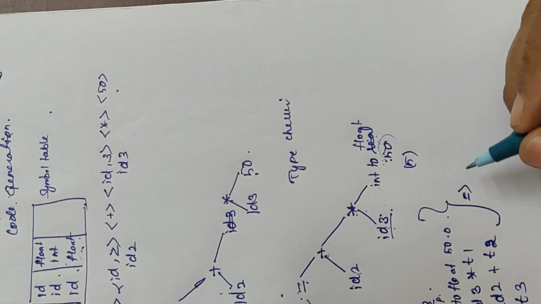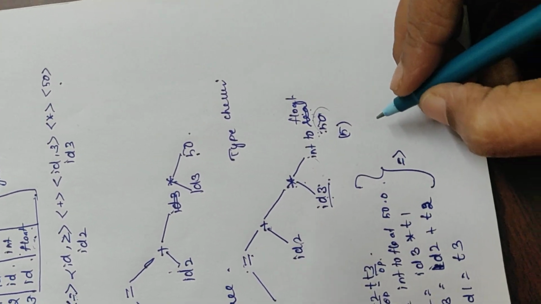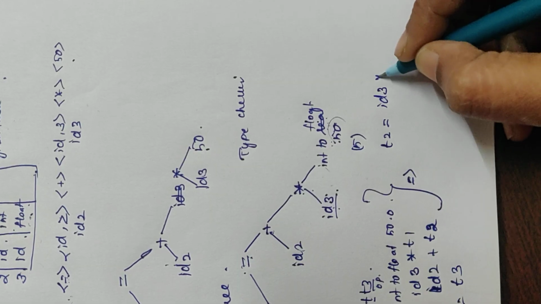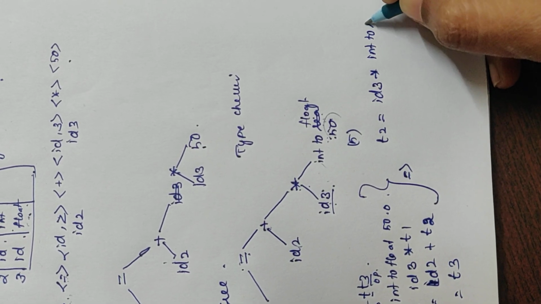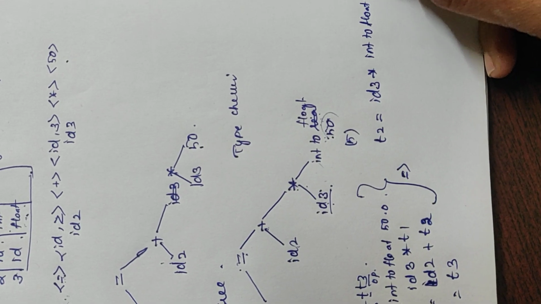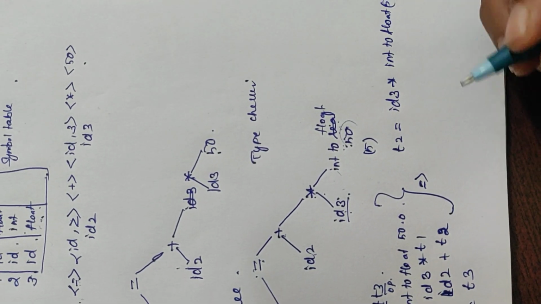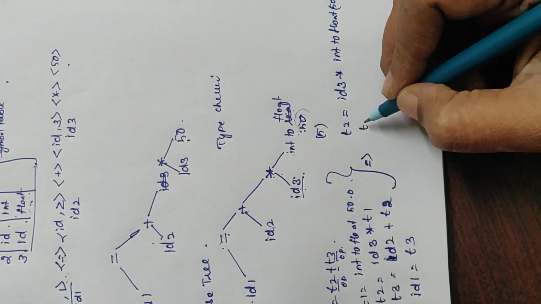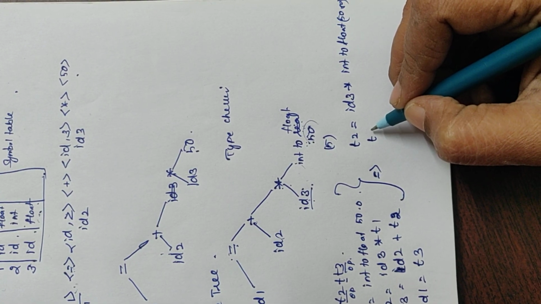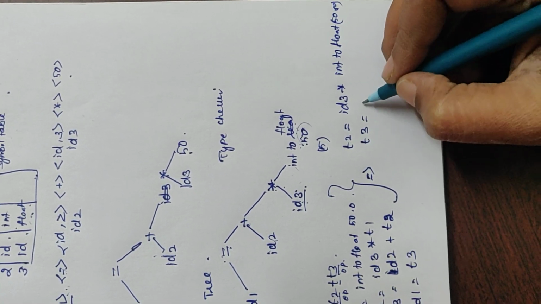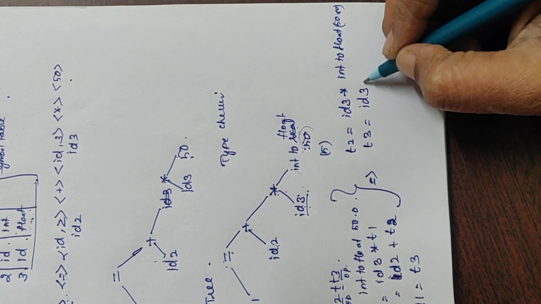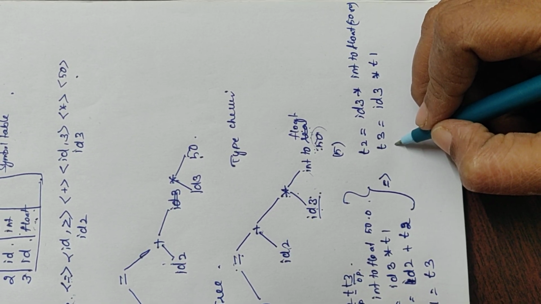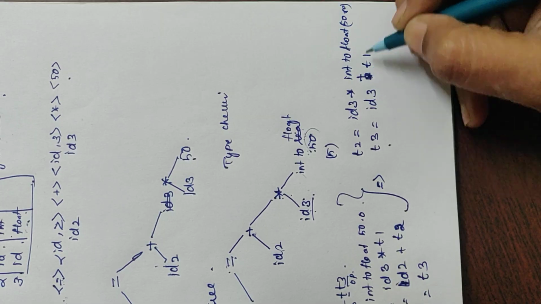Okay. So we'll also see one optimization here. For this, let me write T2 is equal to id3 star int to float of 50.0. So this temporary variable we have removed, and T3 is equal to id2 plus T1.